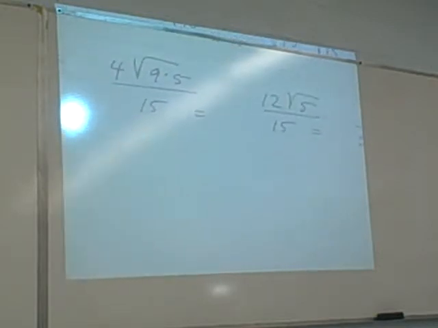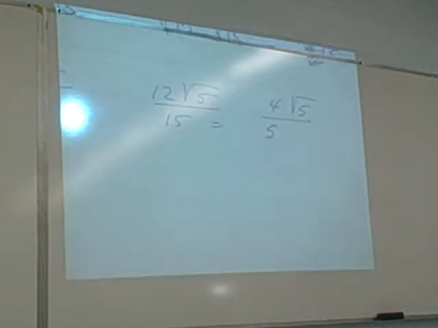So what do I now have outside? I have 3 times 4 is 12 over 15. And do I leave it as 12/15ths? No, because I can simplify. 12/15ths is going to be what? 4/5. And I have 4/5 times rad 5. Okay.